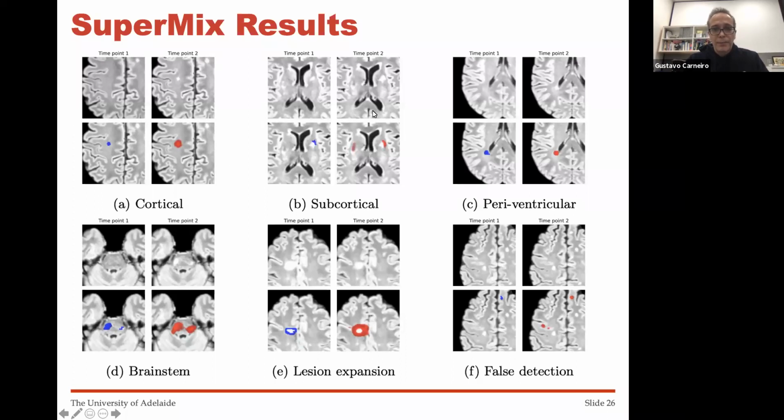Similarly, for these 2 images here, the top middle, you see this lesion here increasing a little bit, and then you see here the annotation in blue and the detection in red. You can see similar things happening in all the images. The system is quite effective at detecting these lesion changes.